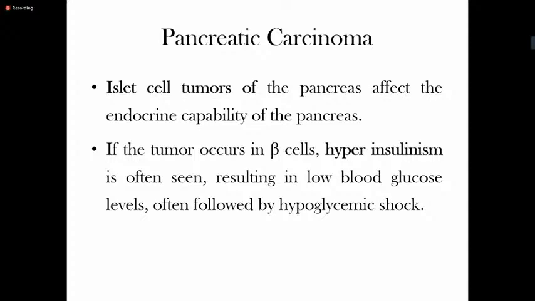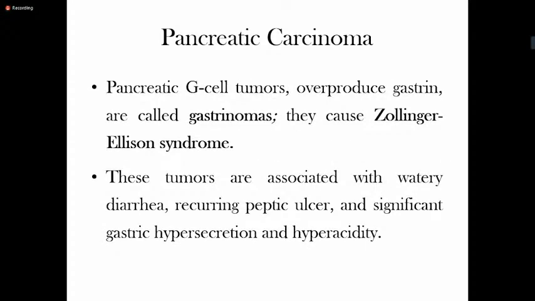So tumors of the islet cells will give you endocrine presentations. Pancreatic G cell tumors overproduce gastrin and are called gastrinomas. They cause Zollinger-Ellison syndrome. So Zollinger-Ellison syndrome is not really a disease of the pancreas, but it is a consequence of gastrinomas.